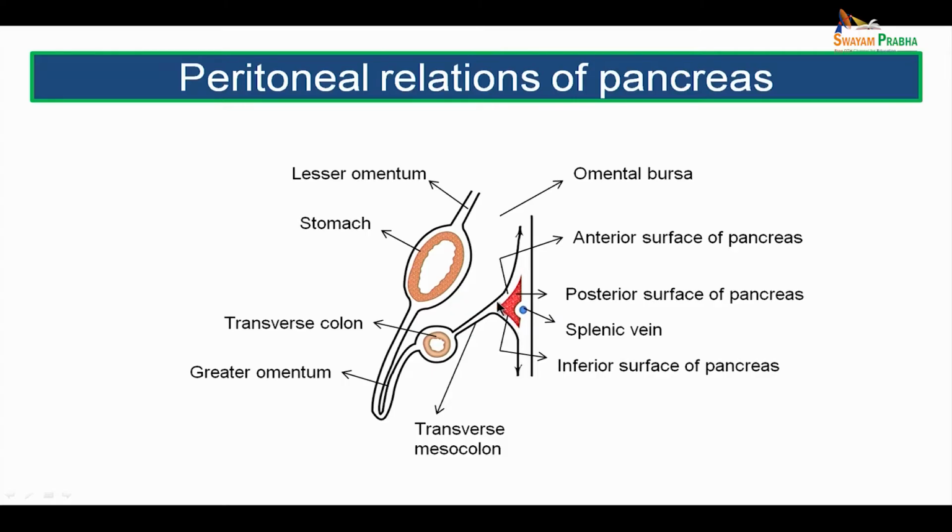Thus, the antero-superior surface of pancreas is separated by the peritoneum of the lesser sac, while the antero-inferior surface of pancreas is covered by the peritoneum of the greater sac. So, the major portion of the pancreas is retroperitoneal; only its antero-superior and antero-inferior surfaces are covered by peritoneum of lesser sac and greater sac respectively.